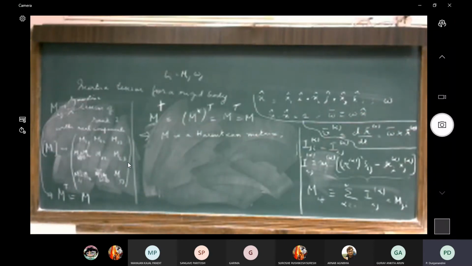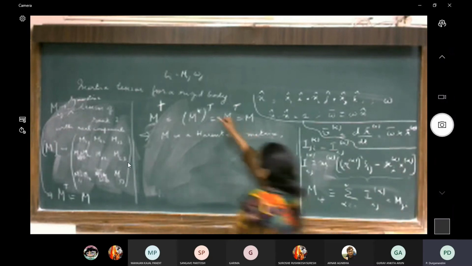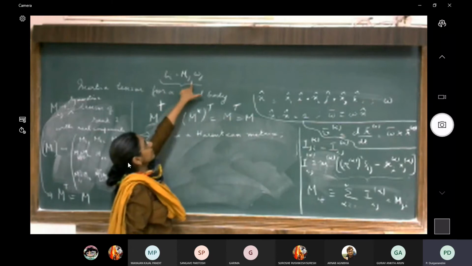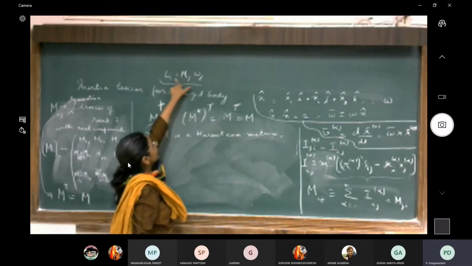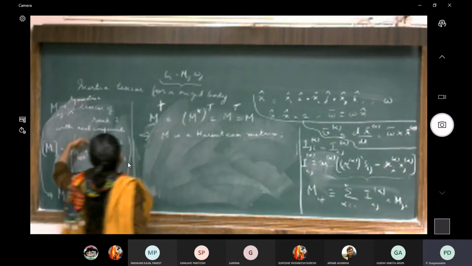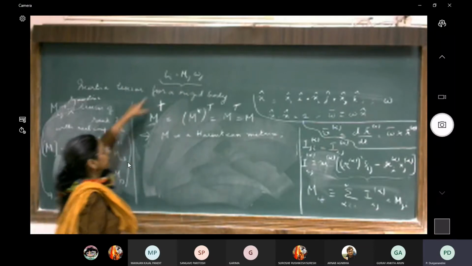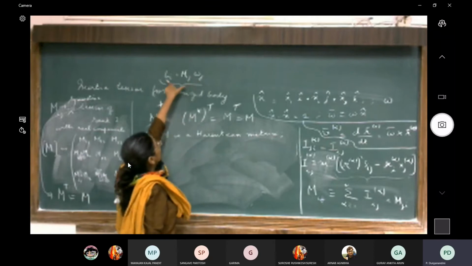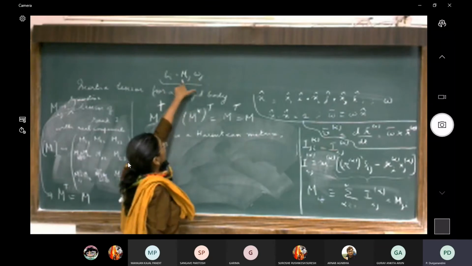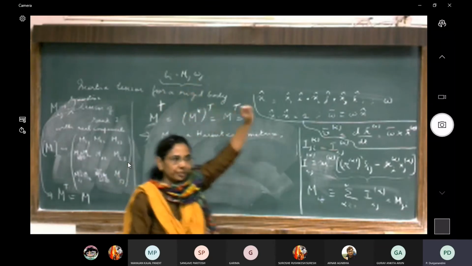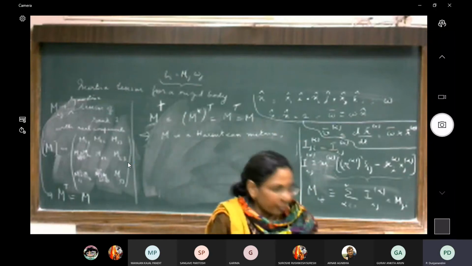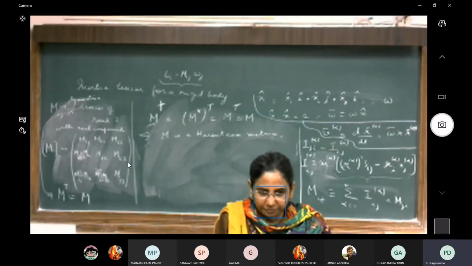If I go to the diagonal basis, suppose this was a diagonal matrix with only M11, M22, M33, then I'm simply going to get L1 equals M11 times omega 1, L2 equals M22 times omega 2, and L3 equals M33 times omega 3. In other words, your angular momentum will be parallel to the omega vector, the angular frequency vector.